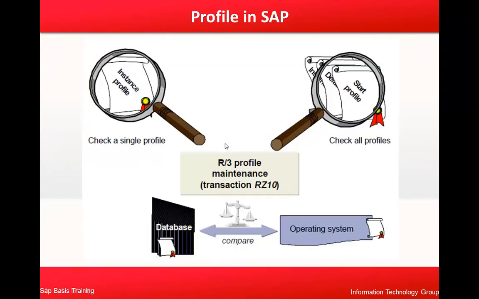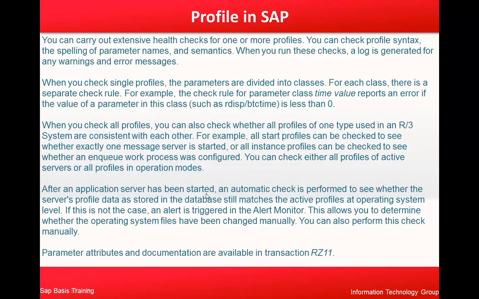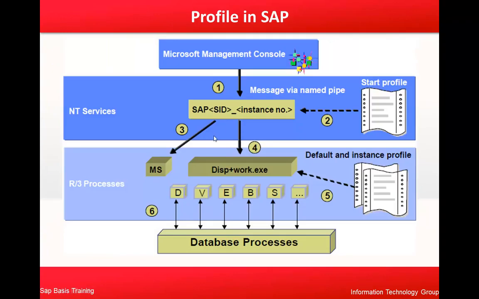You can check a single profile, check all the profiles, and compare the profiles. The startup sequence shows which profile is picked up first when a system starts, and the sequence of events while starting a system from Microsoft Management Console.